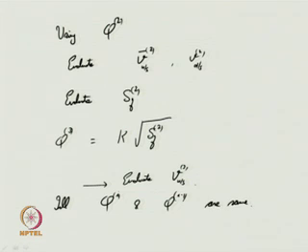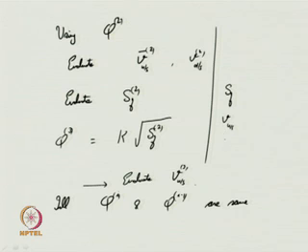Once you get this, the corresponding values of SF, and of V upstream and V downstream, have to be noted, and now you have got the flood discharge.